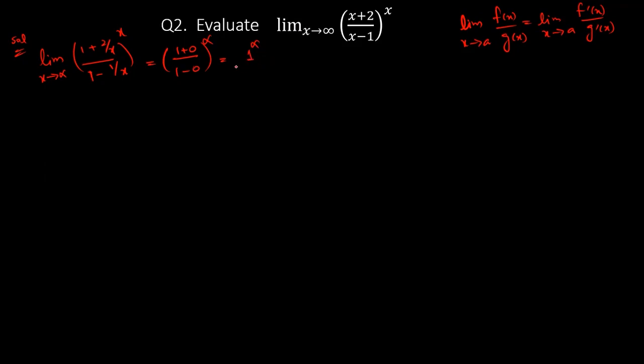We have learned in section 4.5 that whenever we encounter these types of forms where infinity is in the power of something, we take our function. Let f of x equal ((x + 2)/(x - 1))^x, and in the next step we take the logarithm on both sides, and then we are able to move this x from the power to the start of the function by using logarithmic properties.